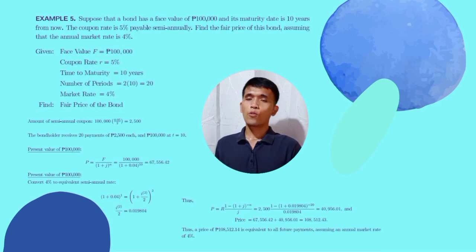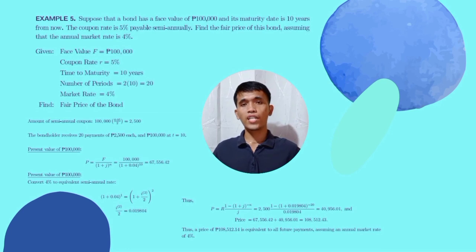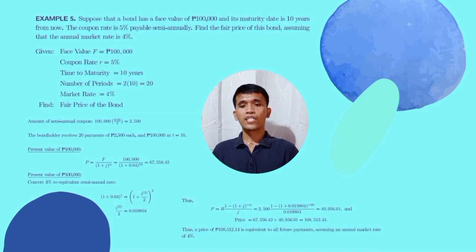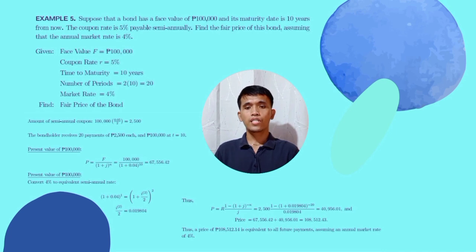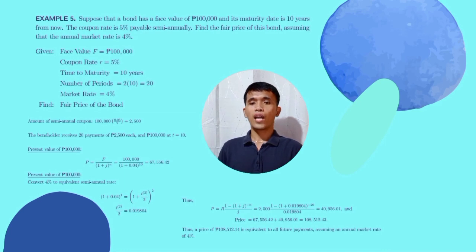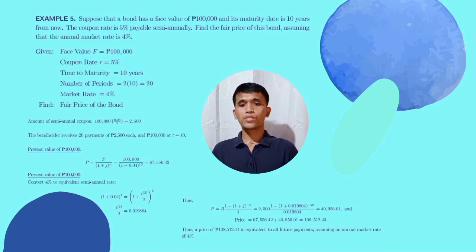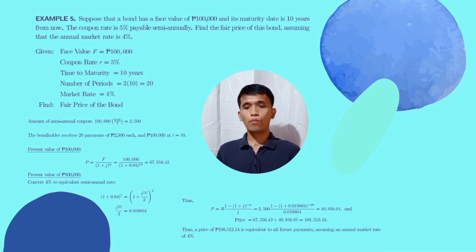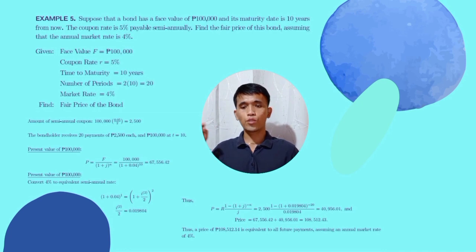Given, we have the face value of 100,000 pesos and a coupon rate of 5%. Time to maturity is 10 years. The number of periods is 2 multiplied by 10 years, which is 20. The market rate is 4%. Find the fair price of the bond. The amount of the semi-annual coupon is 100,000 multiplied by 0.05 divided by 2, which is equal to 2,500.